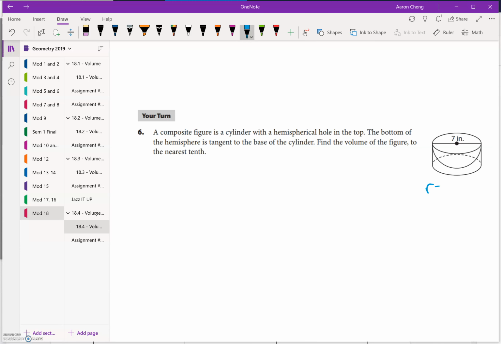Okay, so our radius is going to be 3.5. Our height is going to be 3.5. So let's go ahead and talk about what our volume is. It's a cylinder, and we're subtracting a hemisphere.